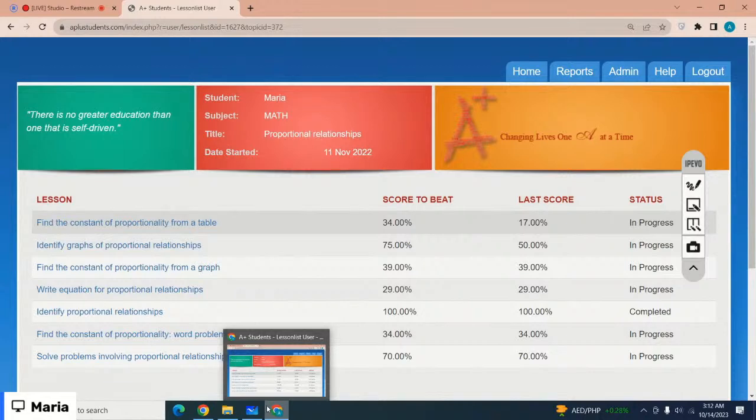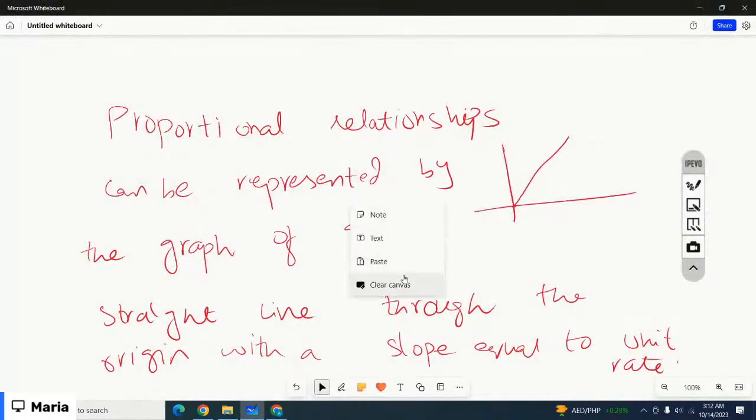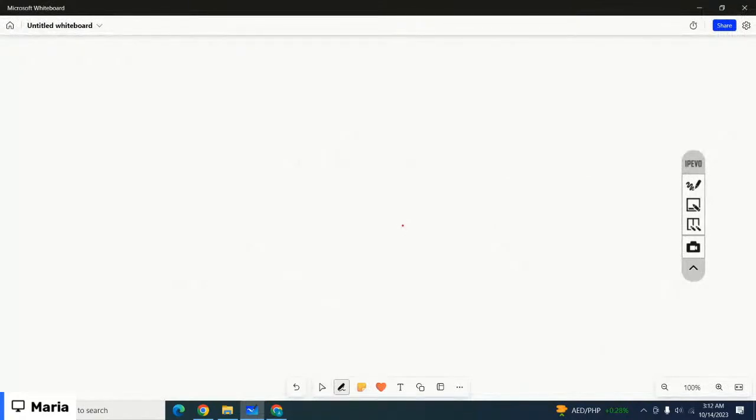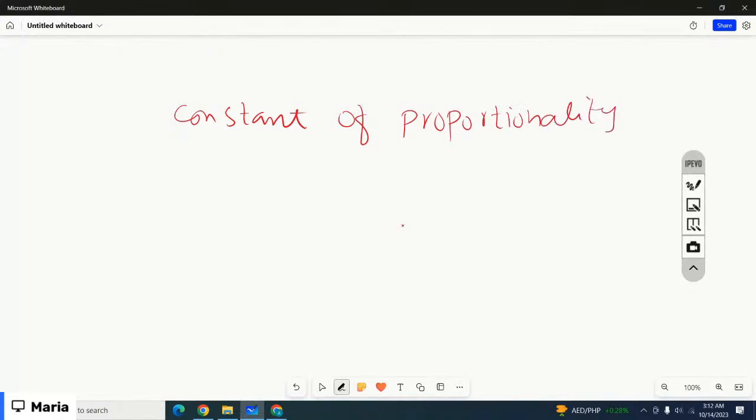For example, you have to calculate the constant of proportionality, and we're going to start with an example.